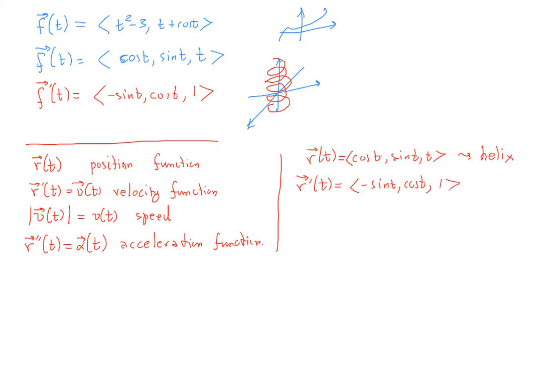The speed is actually constant in this case. It's the magnitude of this, which is square root of 2. And the acceleration is negative cosine t, negative sine t, comma 0.